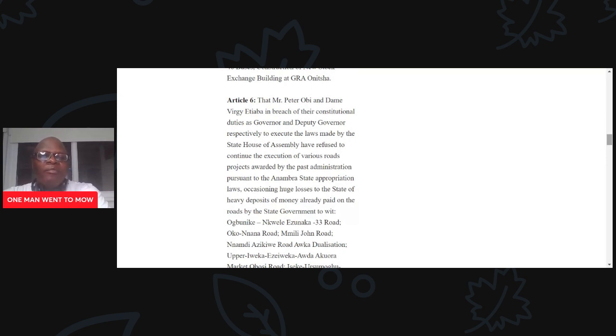Peter Obi and Dame Virgie Atiaba, in breach of their constitutional duties as governor and deputy governor respectively, to execute the laws made by the State House of Assembly, have refused to continue the execution of various road projects awarded by the past administration pursuant to Anambra state appropriation laws, occasioning huge losses to the state of heavy deposit of money already paid on the roads by the state government, to wit, Ogbonike Akwele.